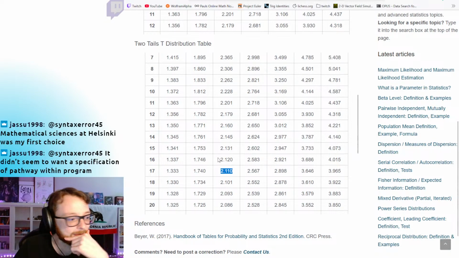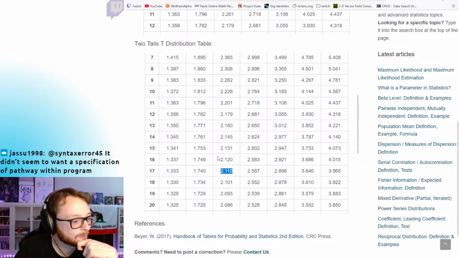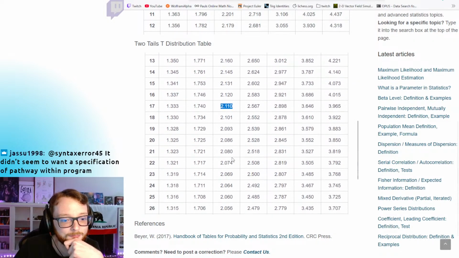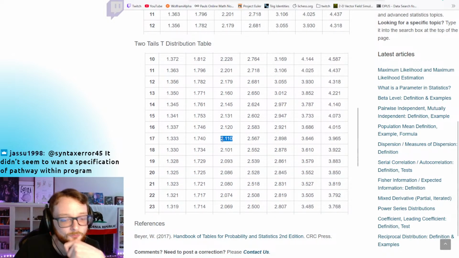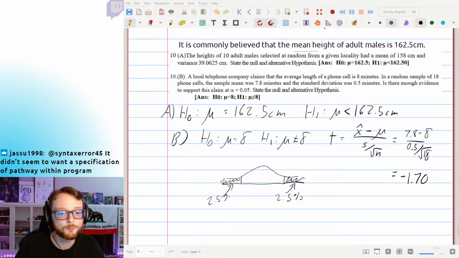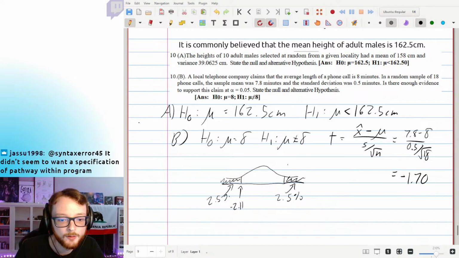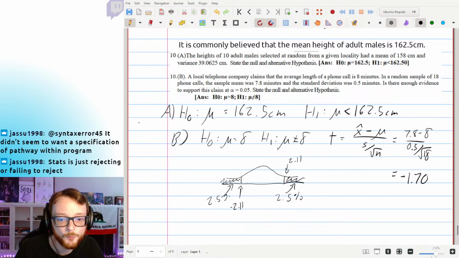Okay. So my golden retriever. What is the SQ plus log 10 bit? I believe we're failing to reject here because we just found out that the cutoff points here are minus 2.11 and plus 2.11, and we only got minus 1.7, so we're somewhere around here.